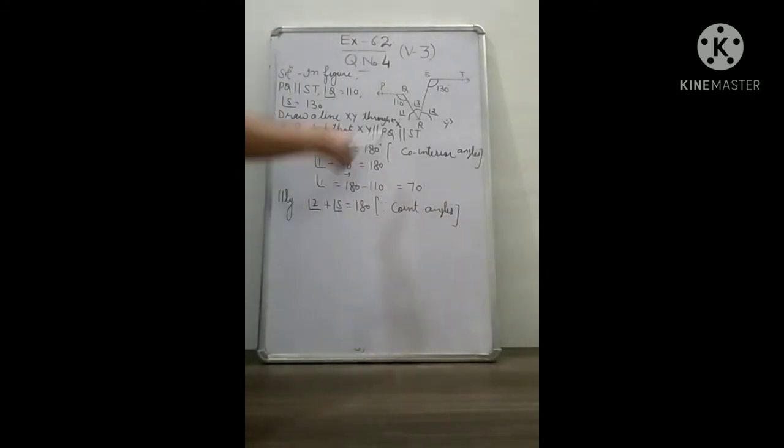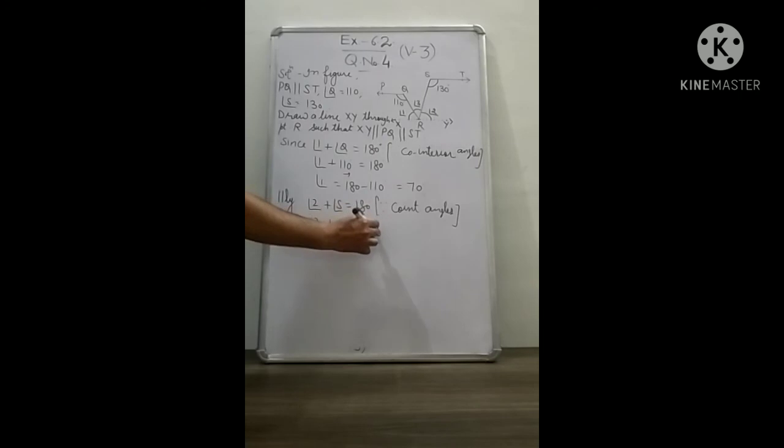But here angle S is 130 degree, so in place of S we put 130. So angle 2 plus 130 degree is equal to 180. Transposing, you get angle 2 as 180 minus 130, which is 50 degree. So the measure of angle 2 is 50 degree.